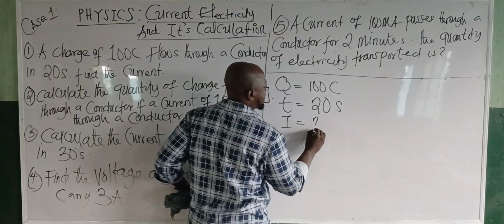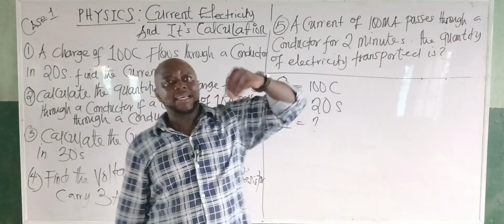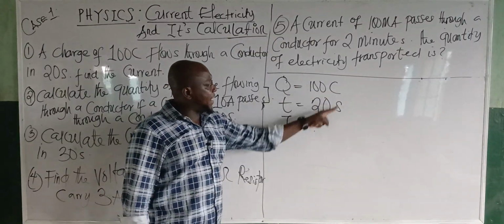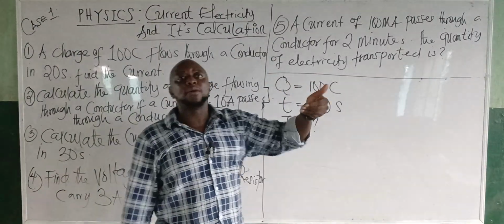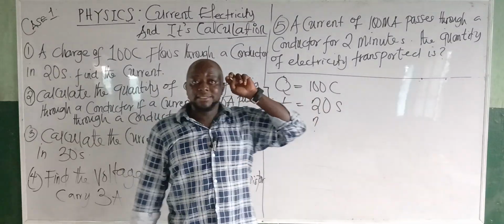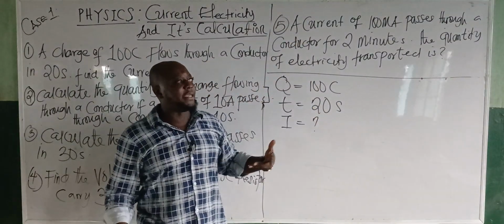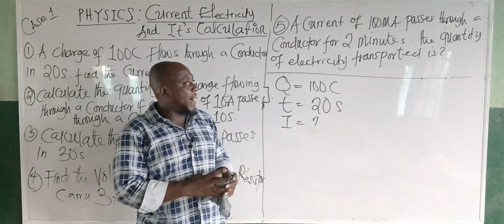We don't know the current. So we want to know the current that we would have when a particular amount of charge is released in a particular time. Simple.